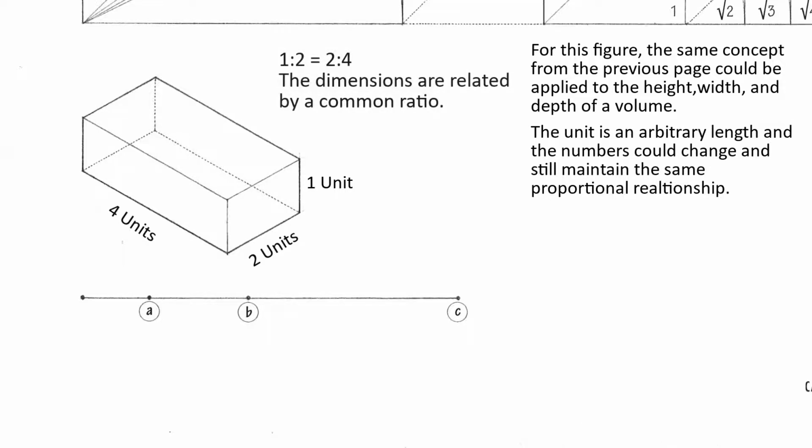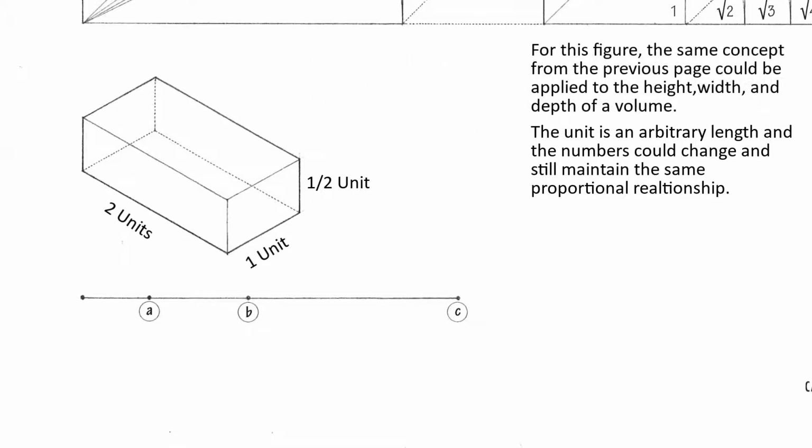The unit is an arbitrary length, and the numbers could change and still maintain the same proportional relationship, such as half a unit, 1 unit, and 2 units, still a 1:2 ratio.